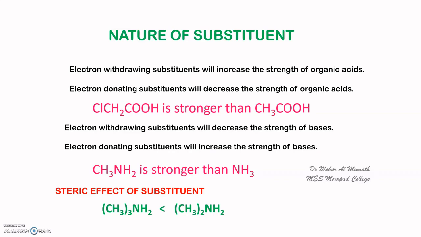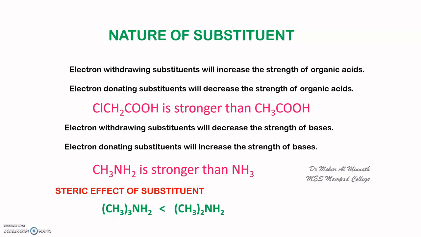So even though there is an electron donating group on the nitrogen, the basicity is lowered because of the steric hindrance. It inhibits the approach of the acid towards trimethylamine. Okay, so that's why trimethylamine is less basic than dimethylamine. So these are the factors related to the substituent on the acid.